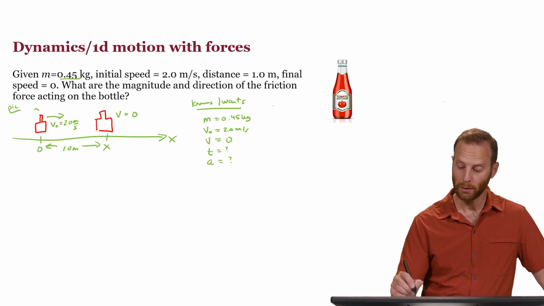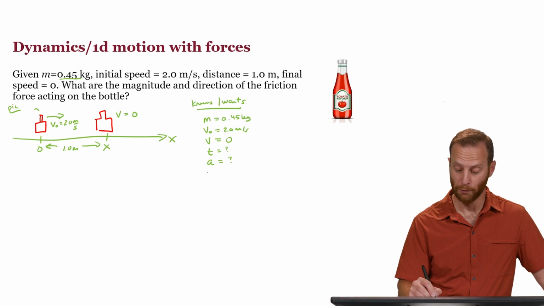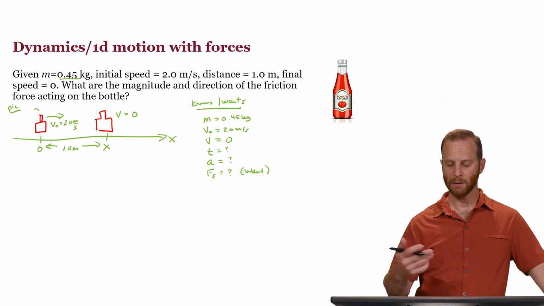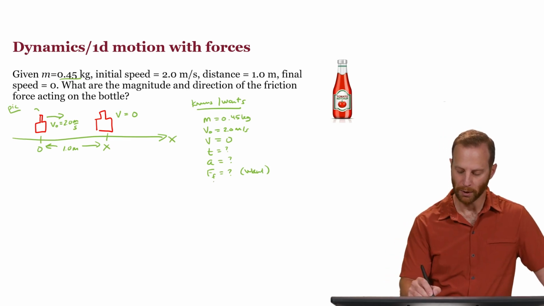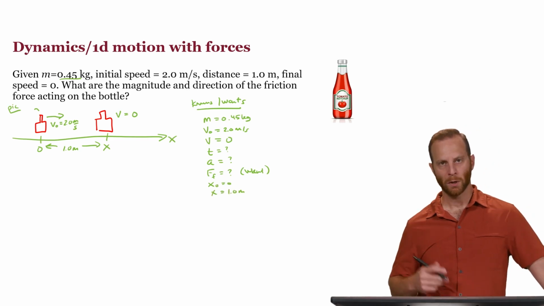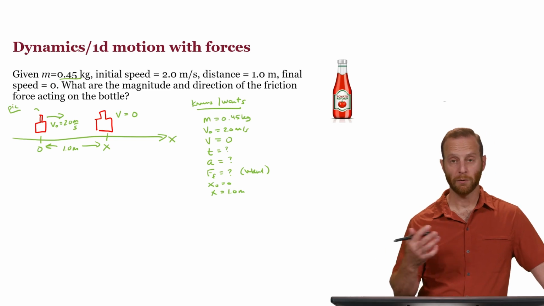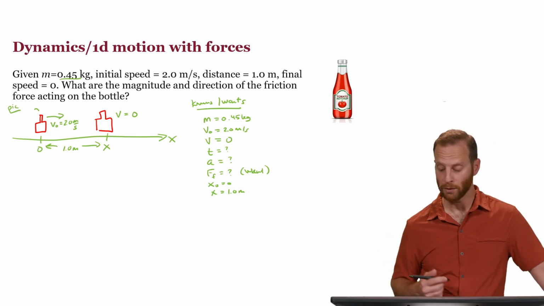We want the frictional force. We're also given that x0 is equal to 0 and the final x is equal to 1 meter. So we want the force, and we're given information about position and velocity.